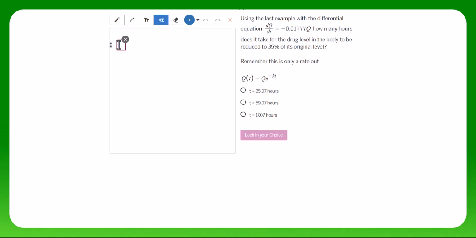So it'll be the same exact thing. But then this will be that negative 0.01777, and then you're solving this for T. And if you're wondering what happens to the Q's, they divide out, right? And so this will be the same technique.